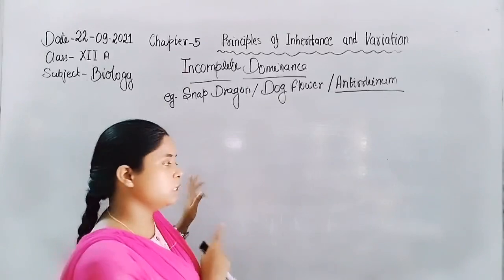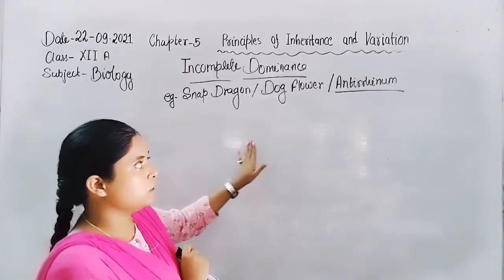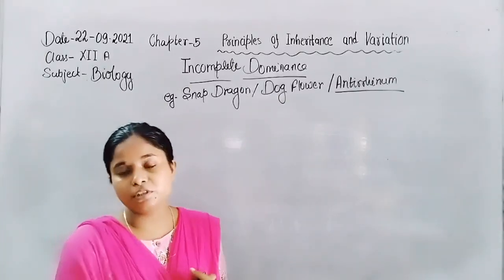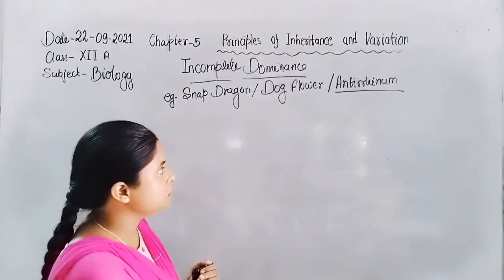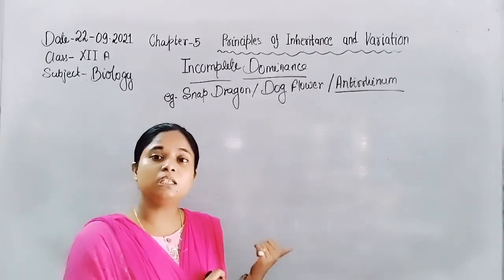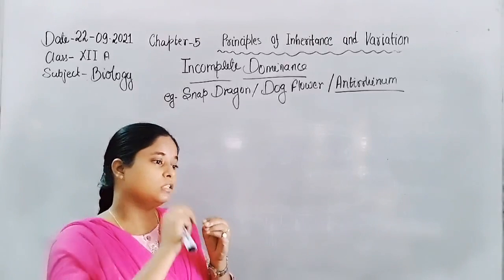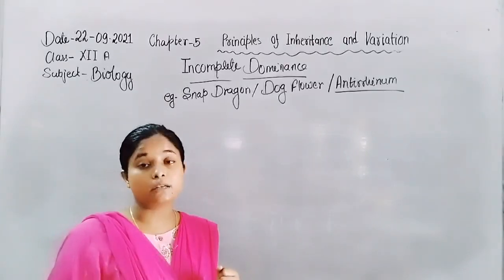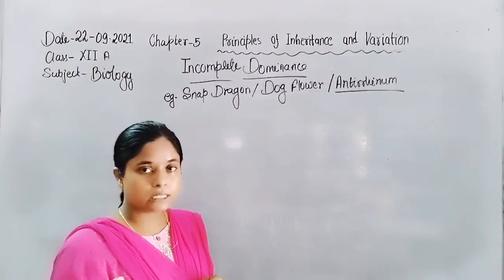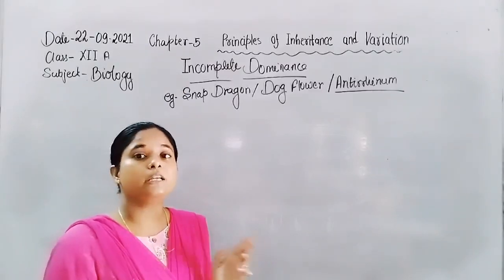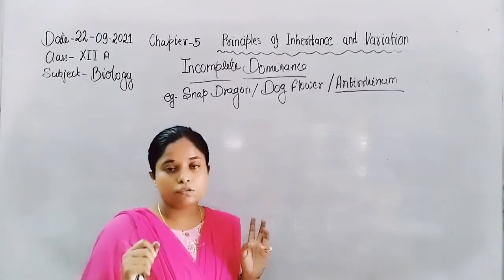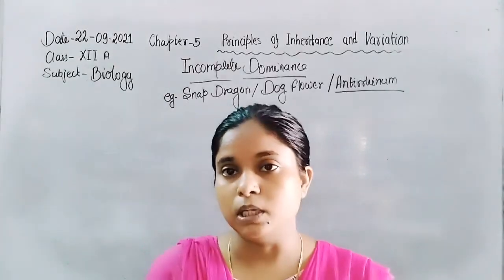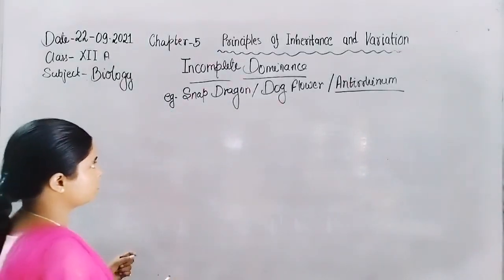The parental combination is not found in the offspring of the F1 generation. Instead, they show an intermediate characteristic which is not exactly the same as the dominant parent, or the recessive parent. So overall, an intermediate characteristic is found in plants which show incomplete dominance.